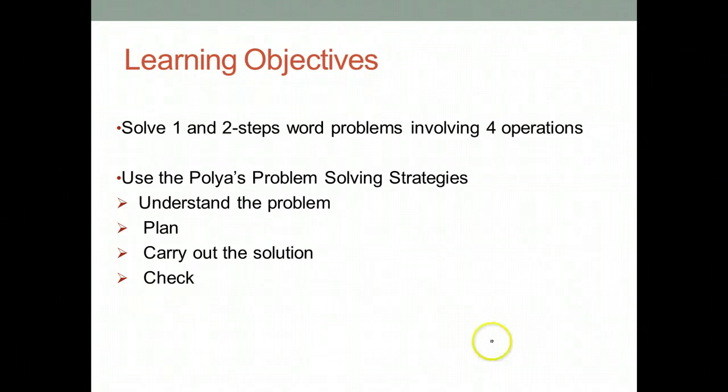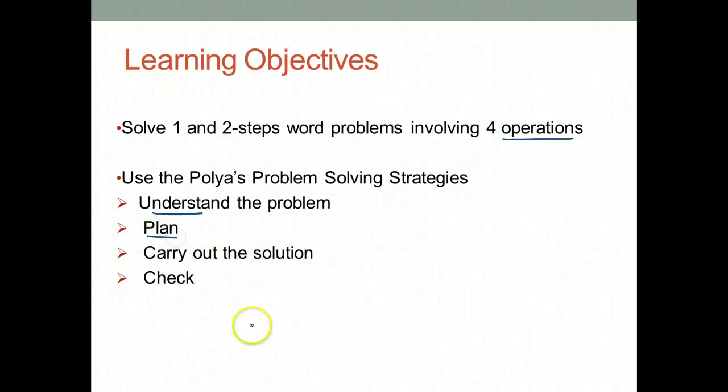Right, children, today we learned to solve 1 and 2 step word problems involving 4 operations. We have used addition, subtraction, multiplication and division. We use Polya's problem solving strategies. First, we understand by reading the word problem carefully and underlining keywords.